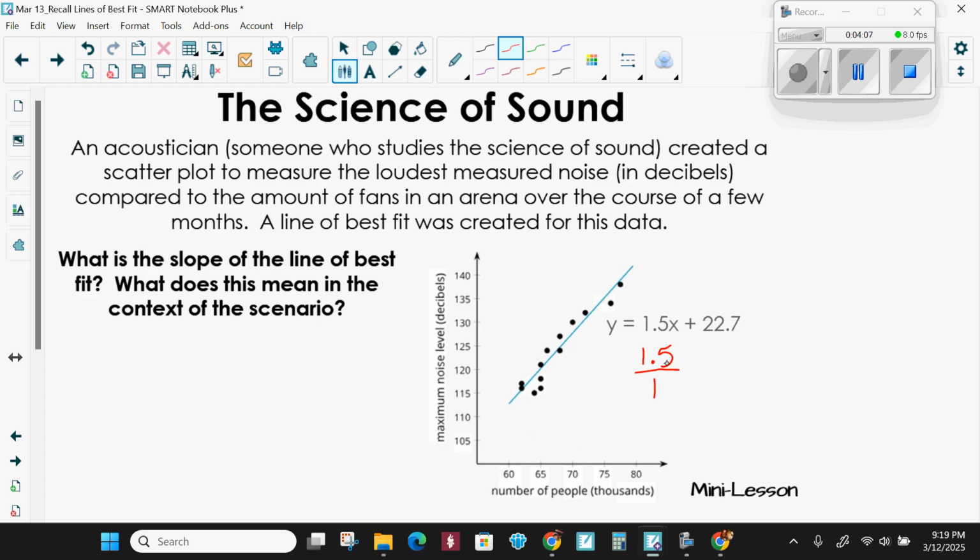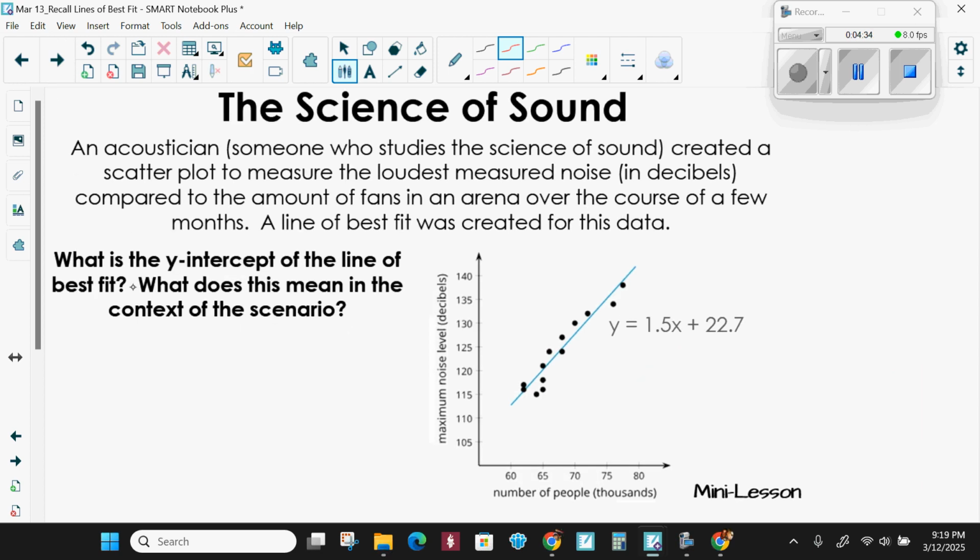Well, actually, that would be the other way around. For every 1,000 people, the decibel level increases by 1.5.